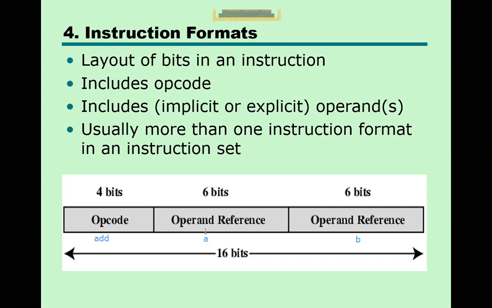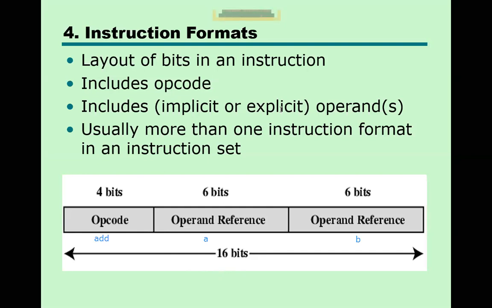Suppose here it is A, so at the particular memory location A, some value is there, let's consider 10. For example, B is 15. So add will perform the addition operation like this. So simple, this is the instruction format, and it includes opcode and operand. Now this operand is many times implicit or explicit.